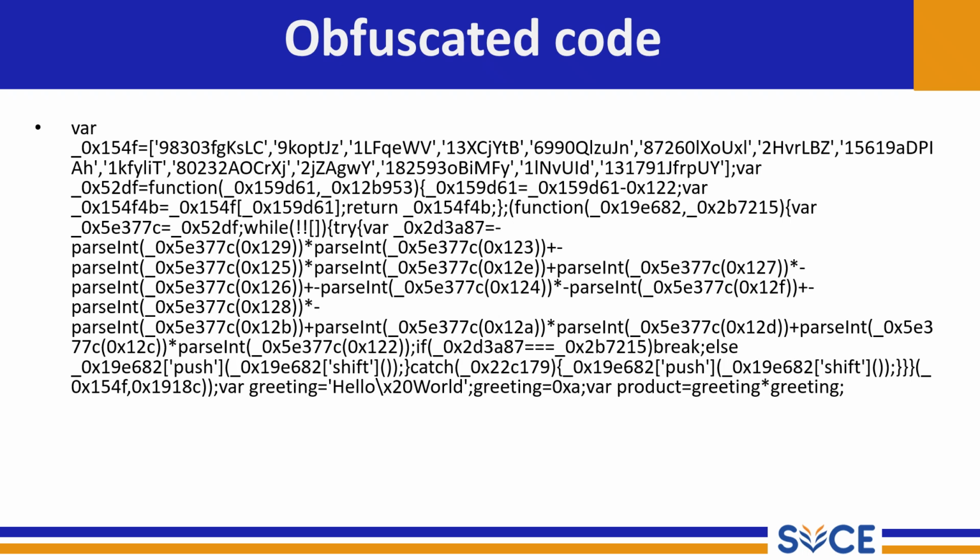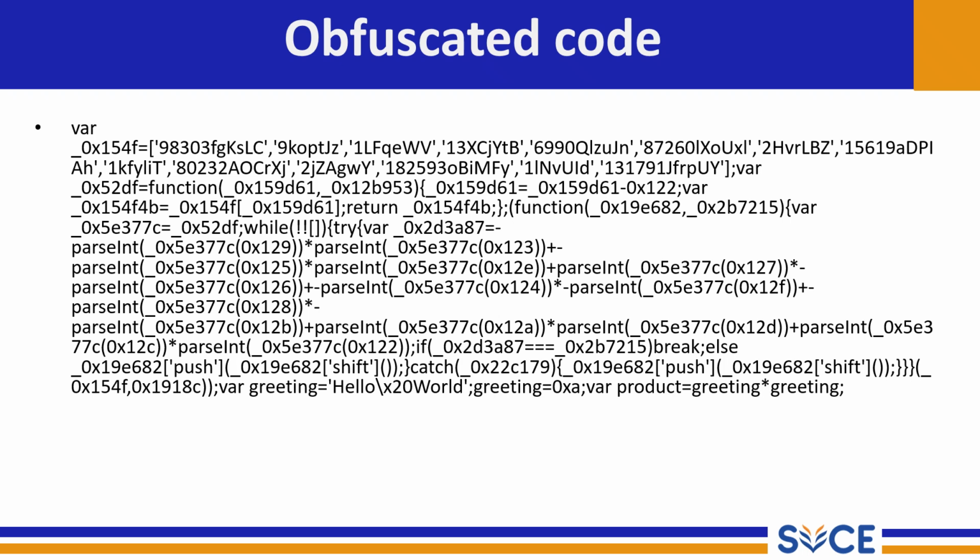The second one is data obfuscation, which replaces sensitive data with similar but artificial data, making it useless to anyone who shouldn't have that particular access. All right, so this is about obfuscation.